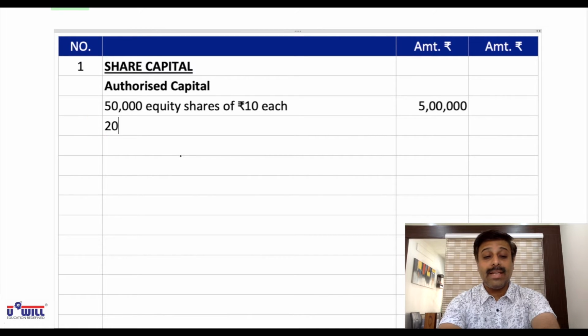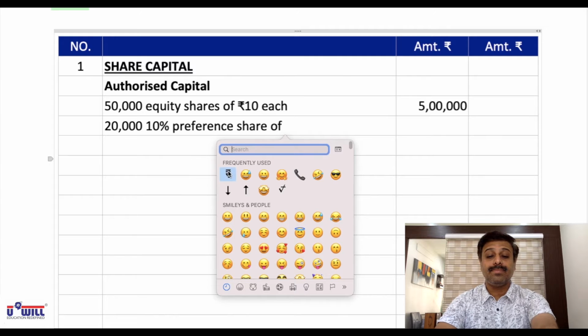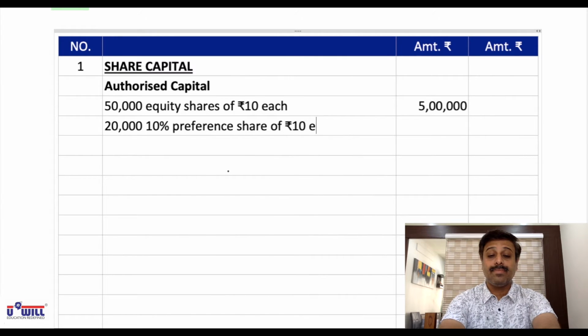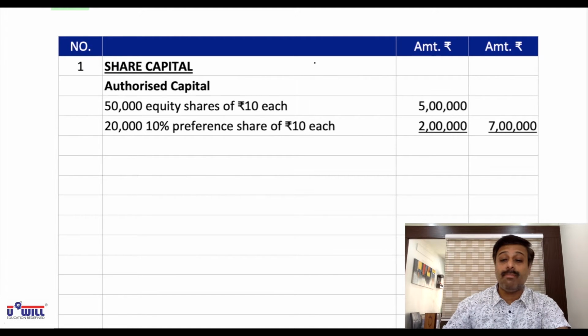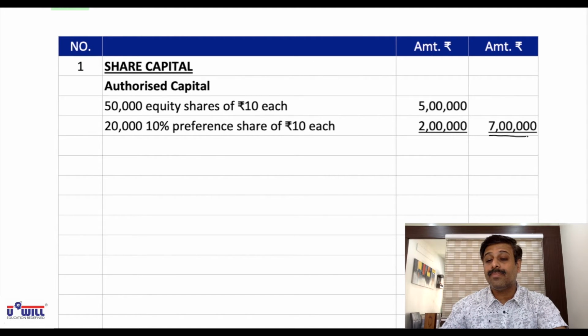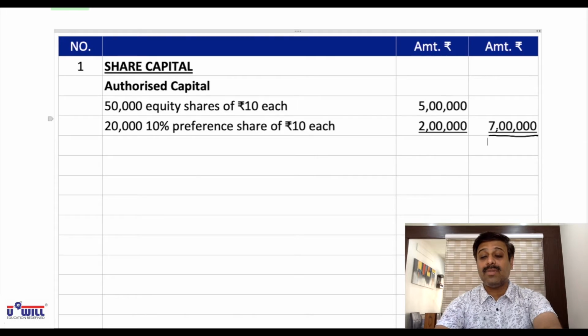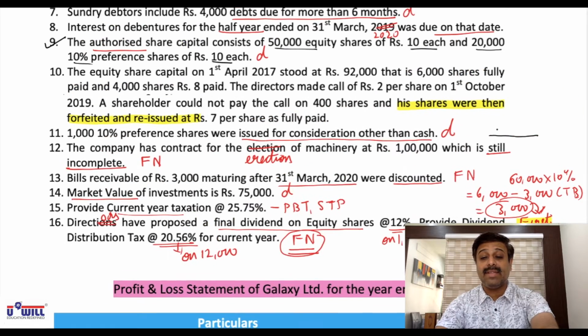Then 20,000 10% preference shares of rupees 10 each, that is 2 lakhs. In the outer column, 7 lakhs, which we will double underline, because it will not be included in the total of the balance sheet. So 7 lakhs will be double underlined. I hope everyone is clear with that.